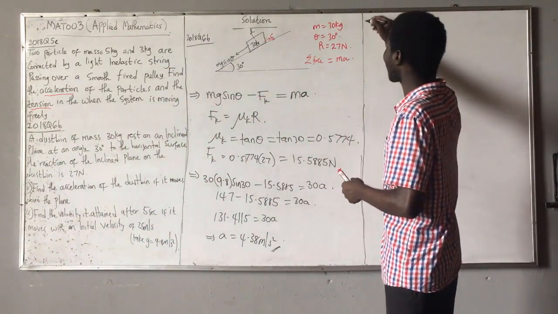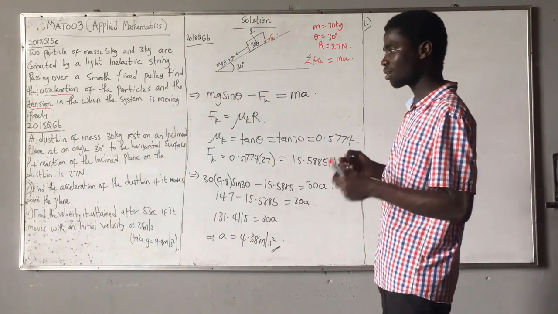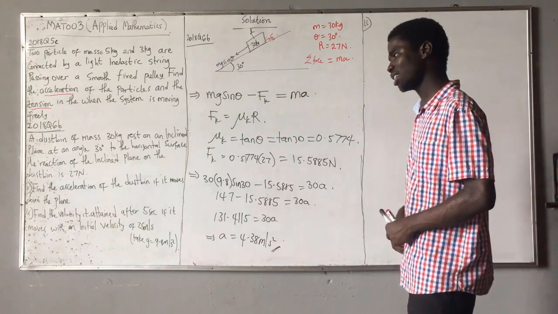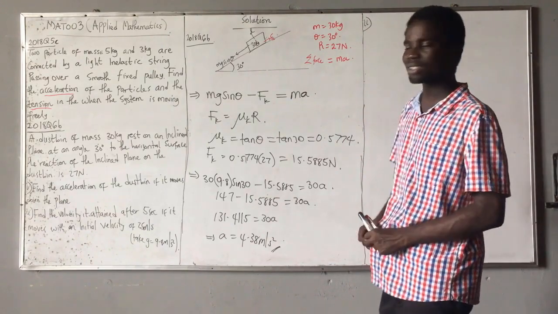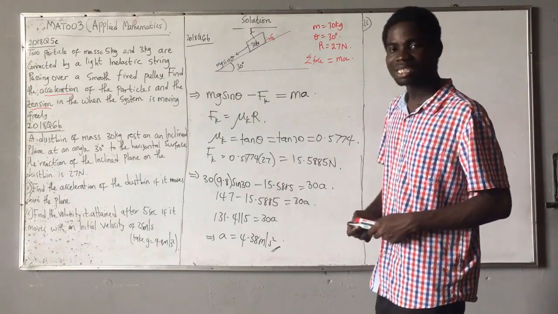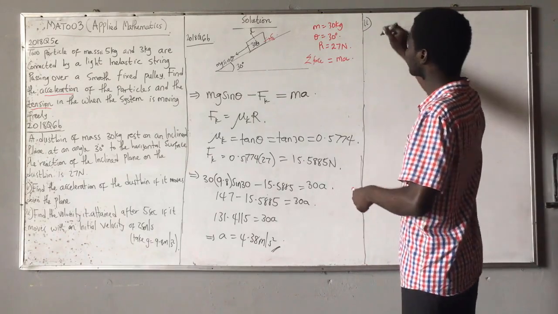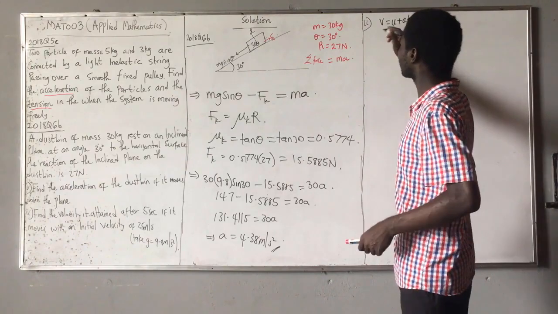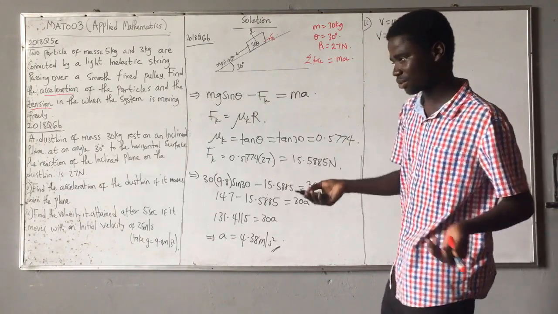Now the second one, part two. Find the velocity attained after 5 seconds, if it moves with an initial velocity of 25 meter per second. Don't forget, we just need to use one equation of motion, v equal u plus at. So v, that is what they asked us to find.